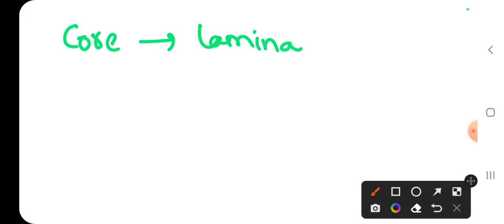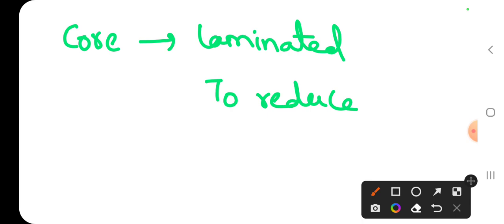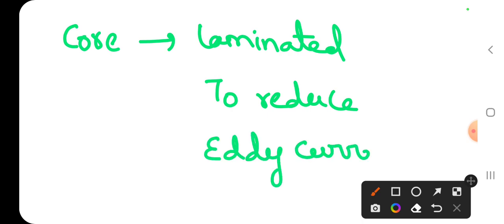In the case of transformer, the core is laminated. Why do we laminate the core? To reduce eddy current loss. Laminated with which material?